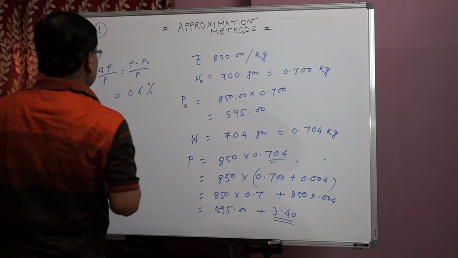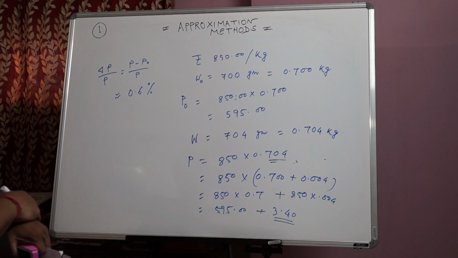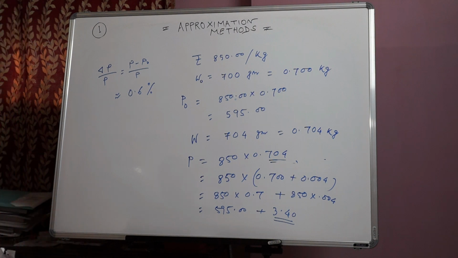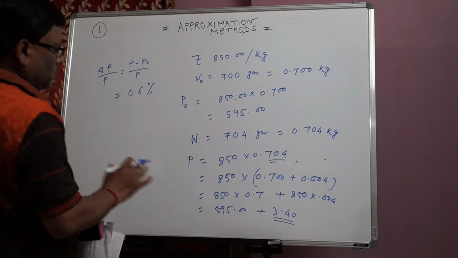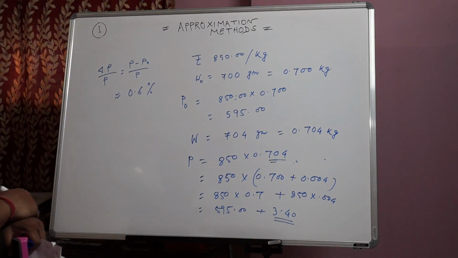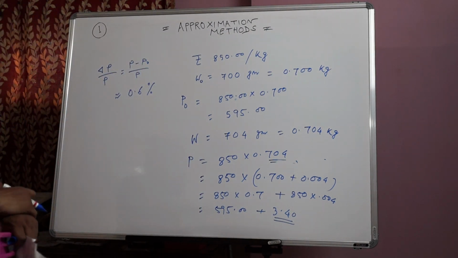If you calculate, you can find this. So in this case, the approximation is very good because the seller lost only 0.6% when he neglects this part.